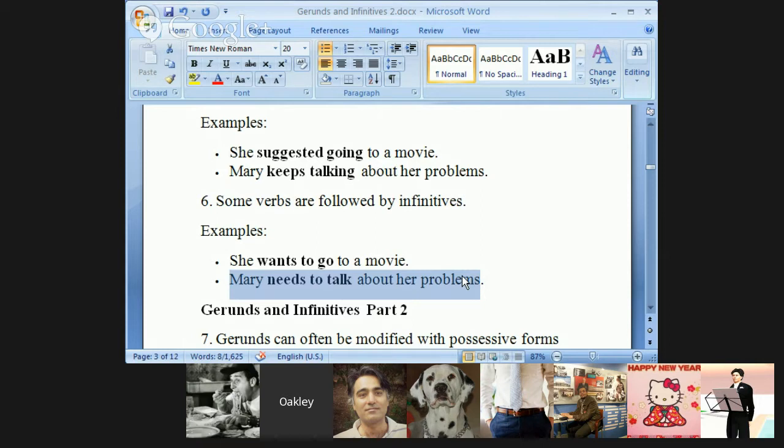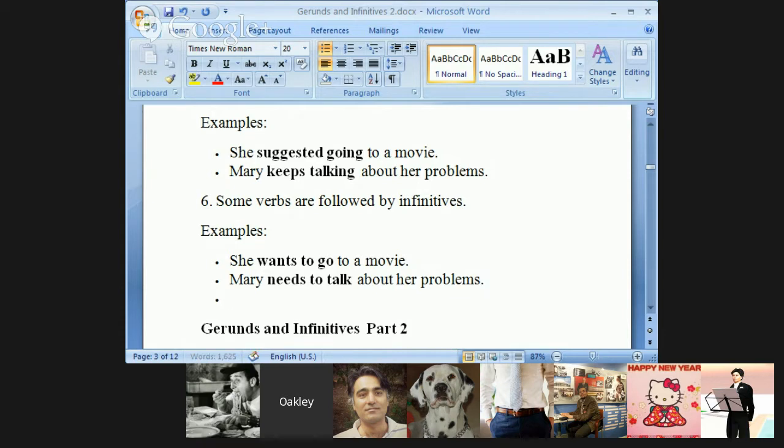Right. Absolutely correct. So, what's the problem with my sentences that I'm torturing Leisha with? Okay, what's the problem with this sentence? My bathroom needs cleaning. Needs to clean.